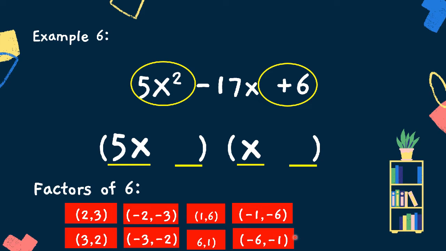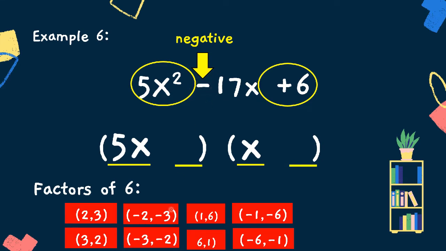After identifying the factors of our third term, this time we will try to plug in our factors in the missing term here. Notice that the polynomial has a negative operation, a subtraction, here.